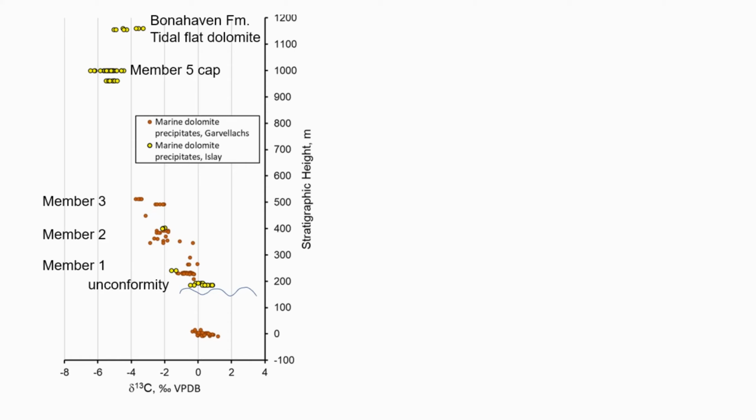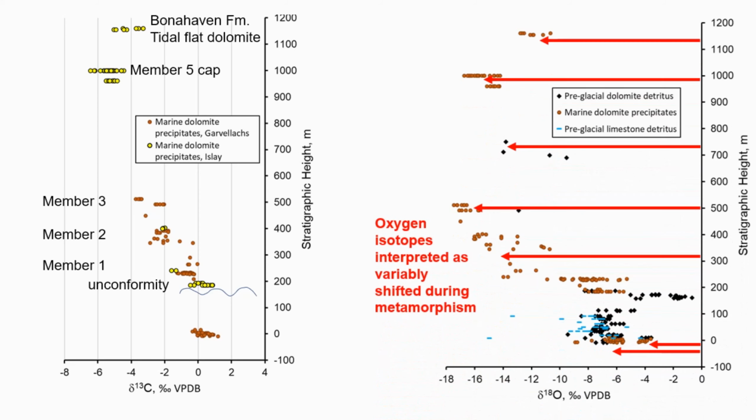Now, before we confirm that we are indeed dealing with the sedimentary evolution of carbon isotopes, we should take a look at this salutary oxygen isotope data, because it too shows a decline towards the upper parts of the Port Askaig Formation, and the values are too low to be depositional.